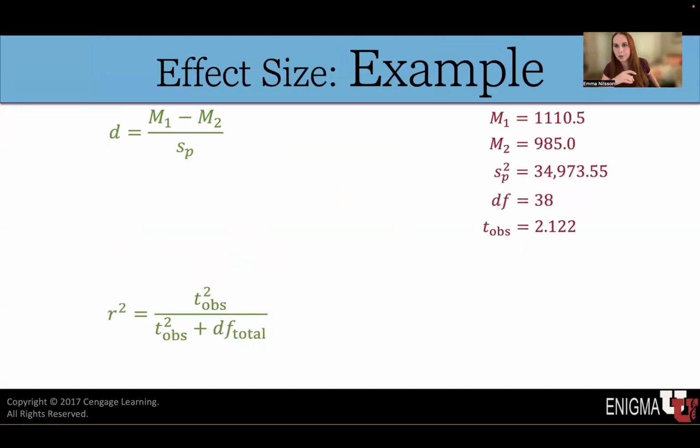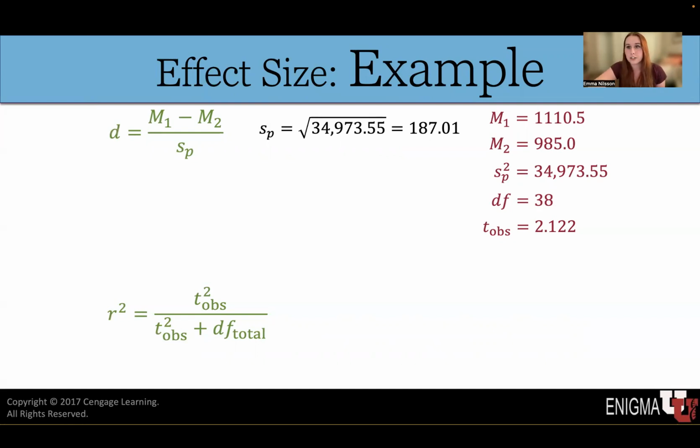Let's look at some examples. So going back to the statistics that we gathered for our video games example in the last lecture, video games and SAT scores. If we're calculating Cohen's d, we're going to take the difference between our two means, and then we're also going to calculate the pooled standard deviation.